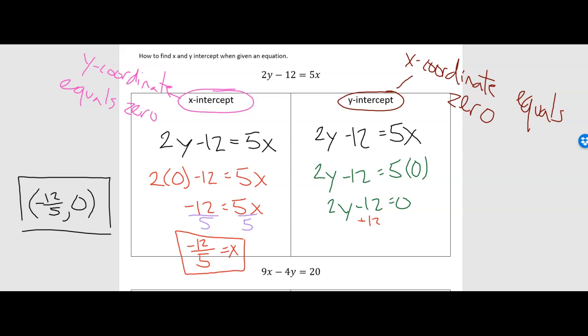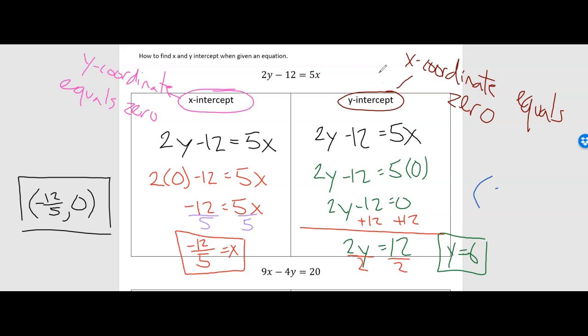If I add 12 to both sides, that gives me 2y is equal to 12. And if I divide by 2, I get y is equal to 6. So my y-intercept is at 6. If you write down the coordinates, we would have (0, 6).